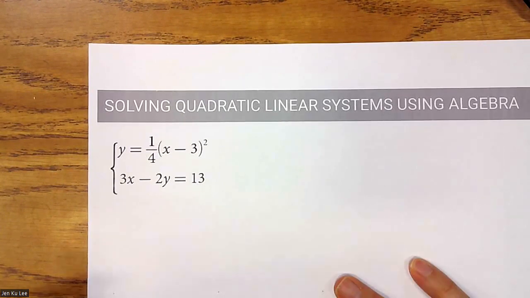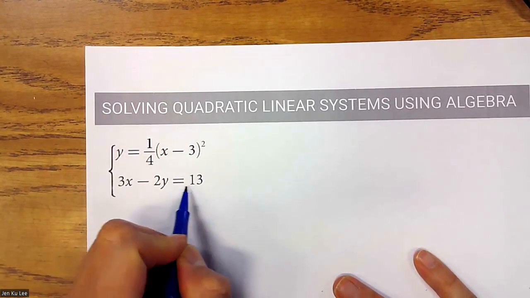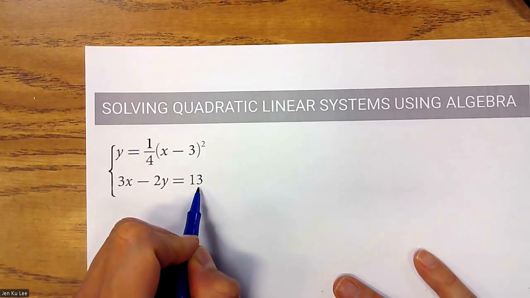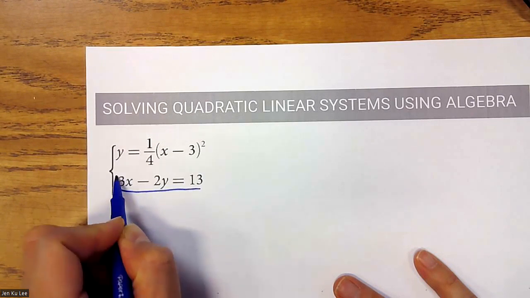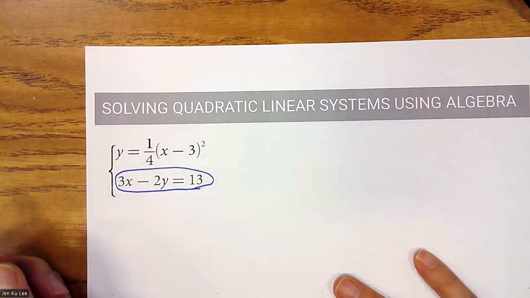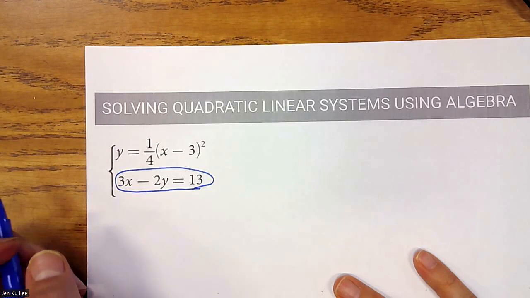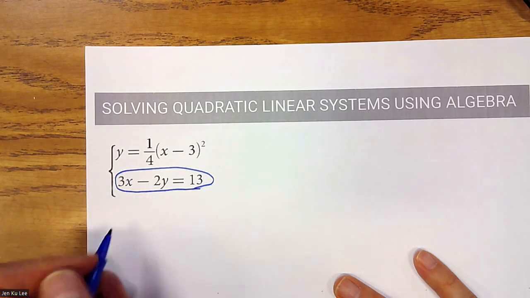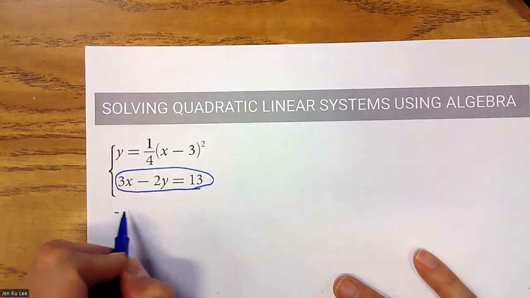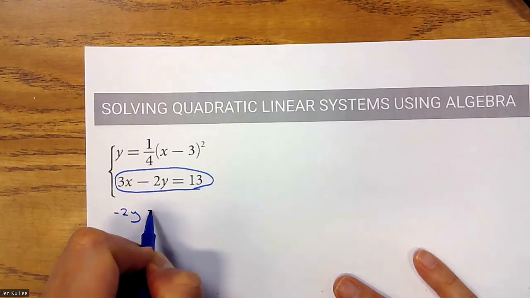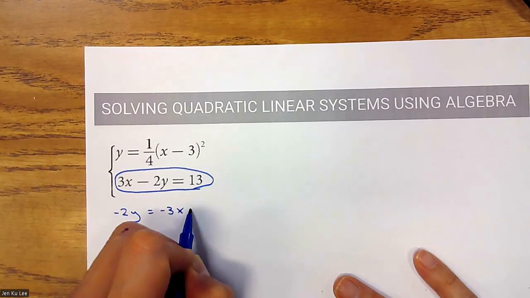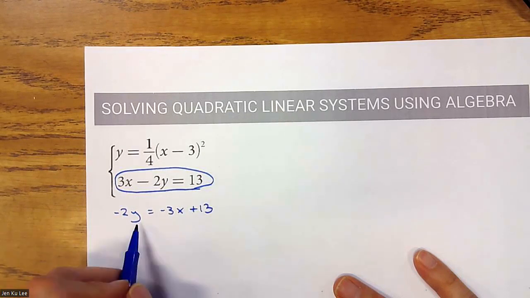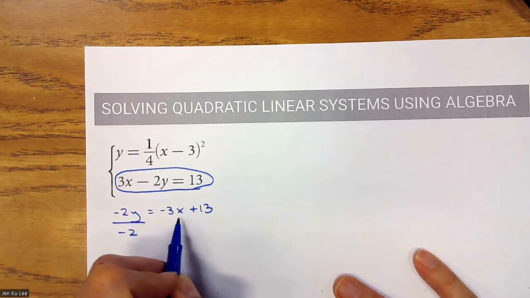So your first step is to solve for a variable here in your linear equation. Okay, so I'm going to solve for y. So that's negative 2y equals negative 3x plus 13. Divide everything by negative 2.